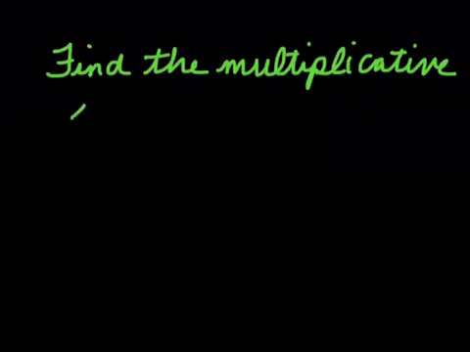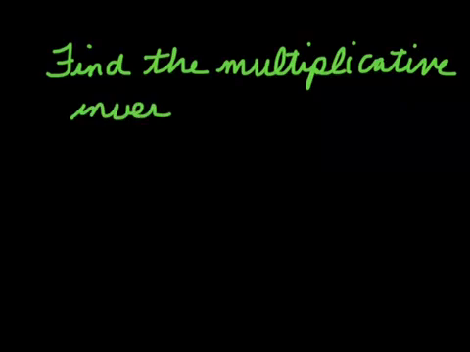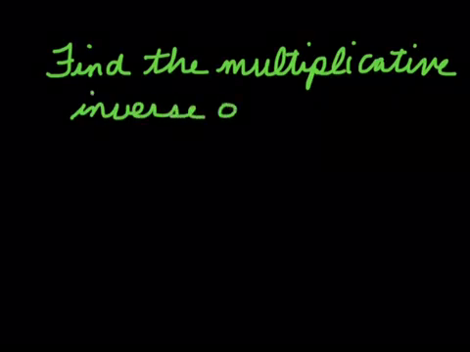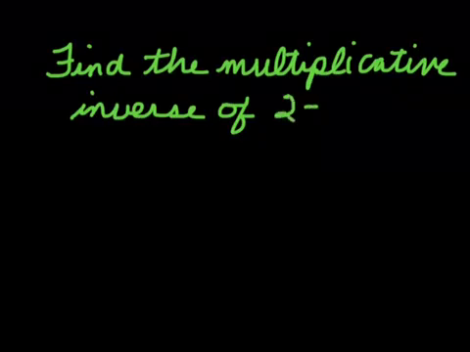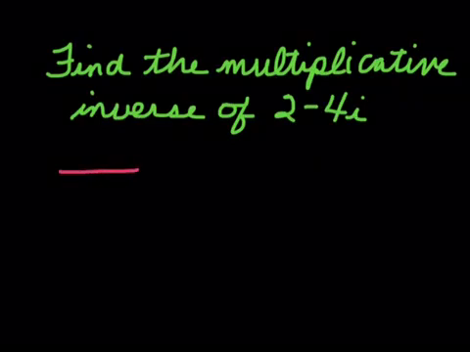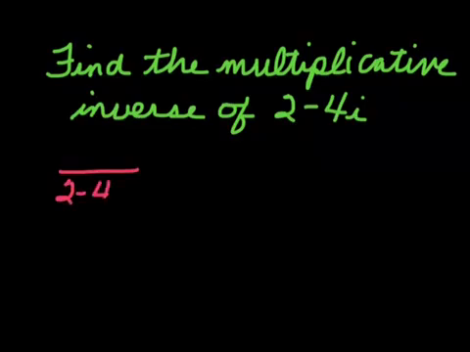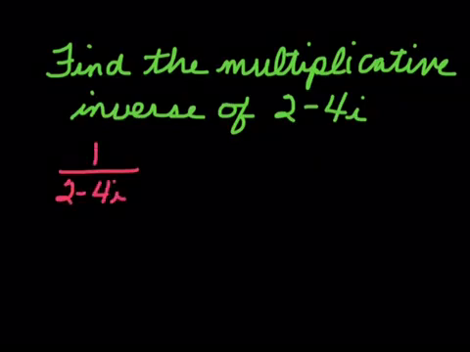Okay, let's find the multiplicative inverse of the complex number 2 minus 4i. That means we take 2 minus 4i, put it in the denominator, and put 1 in the numerator.